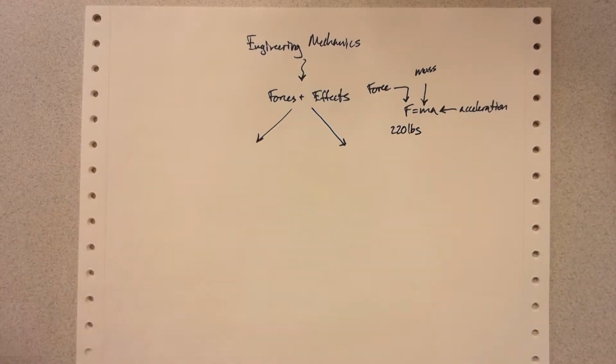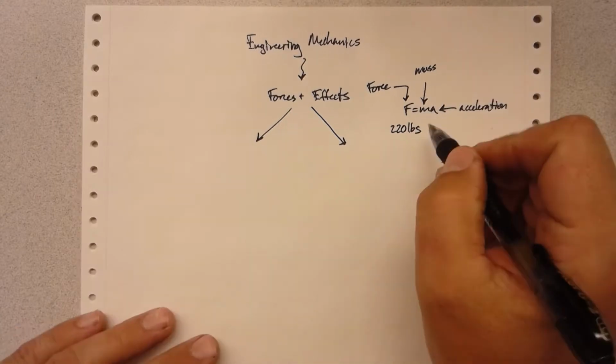But wait, we're going to get confused here because kilograms is mass, right? Isn't kilograms mass? But is pounds force or is it mass? It's force, but it can be mass. Super confusing. We're going to talk about this for a minute.